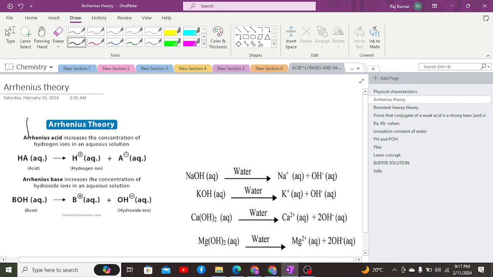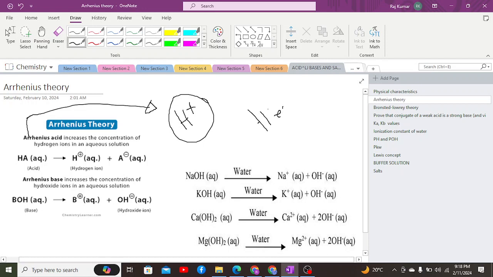Such that an Arrhenius acid basically is the one which has hydrogen ions itself, and when it is dissolved in water it produces H+ ions or protons. We can call hydrogen ions protons because hydrogen has only one electron in its outermost shell.